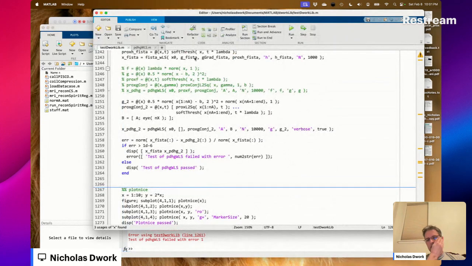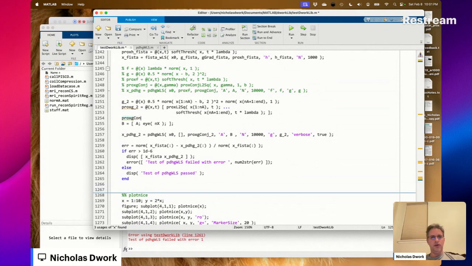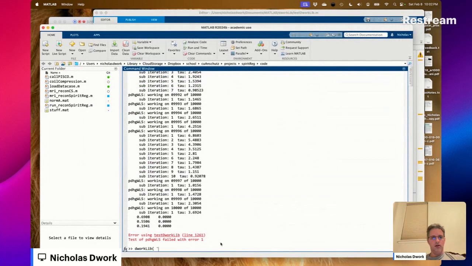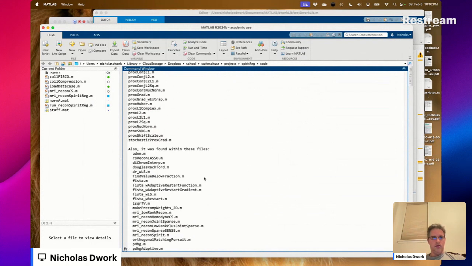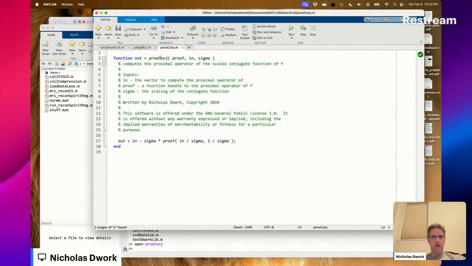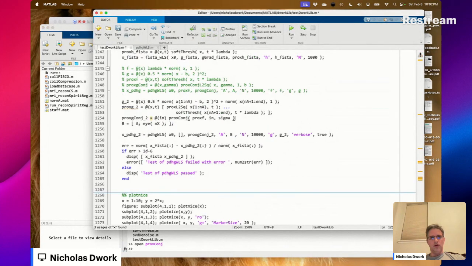Zeros. It's outputting zeros. This is prox G. So prox G conjugate 2 is equal to prox G2 in sigma.